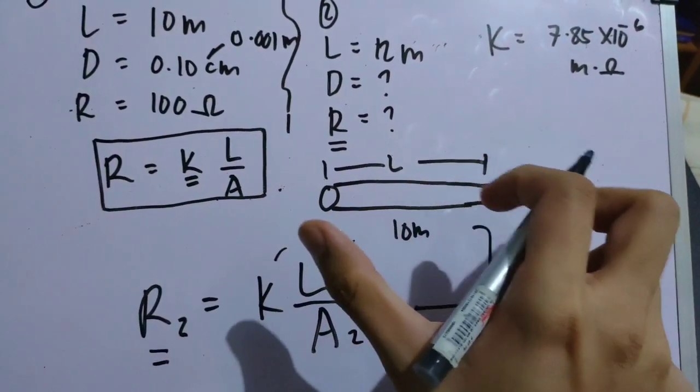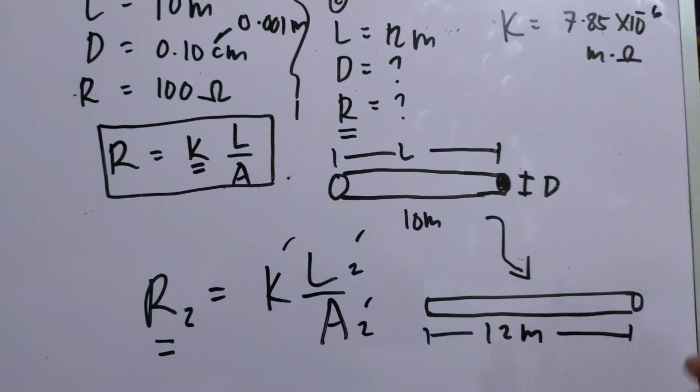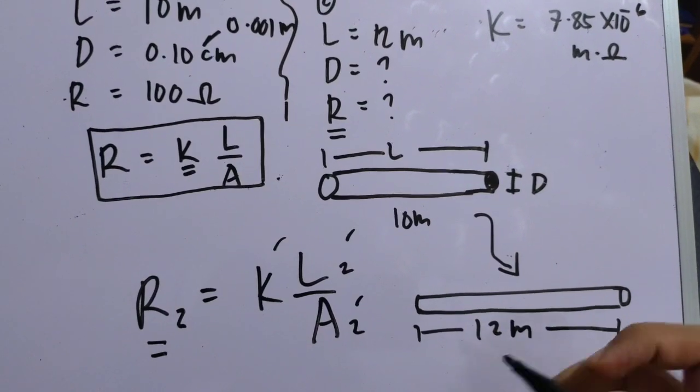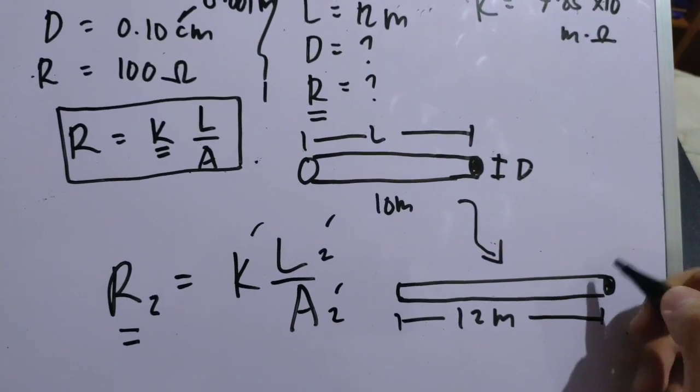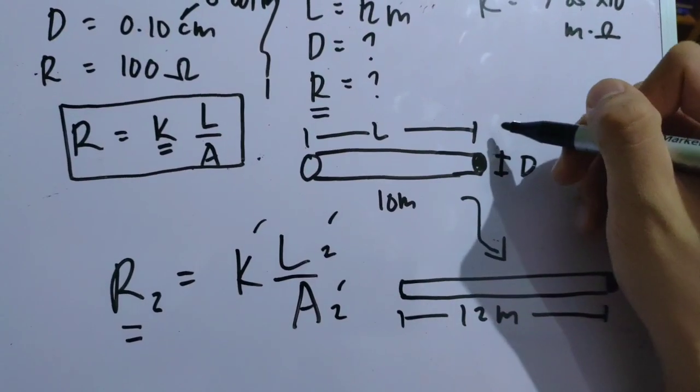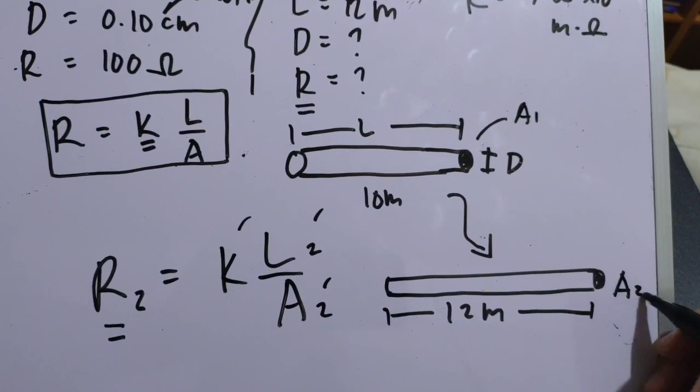Pag pinahaba mo yung length ng wire, pag bininat mo siya, anong mangyayari dun sa cross section niya? Liliit yan. So yung area dito, magiging mas maliit compared sa area dito. So ito yung area 1 natin. Tapos ito yung area 2 natin.